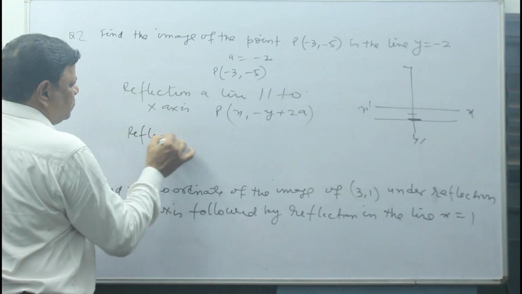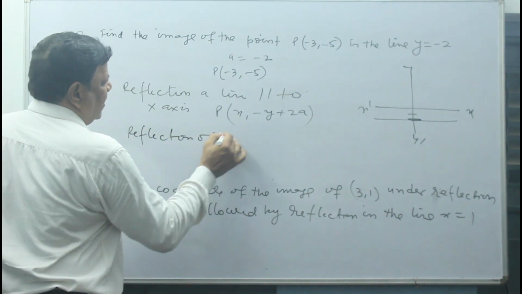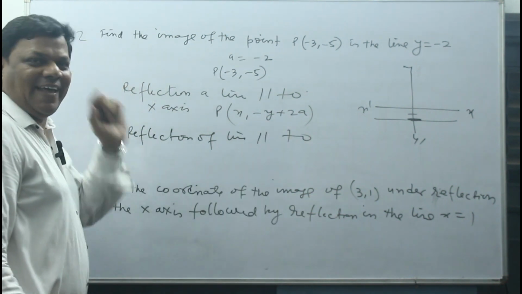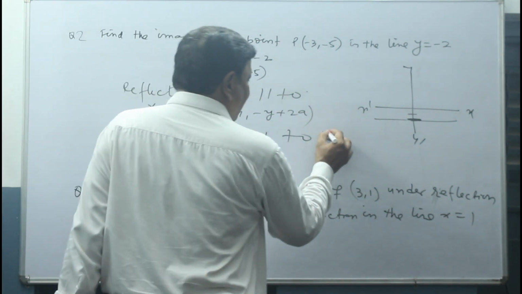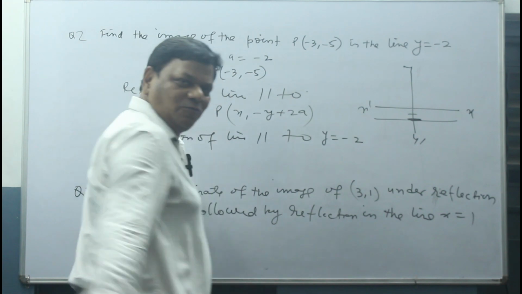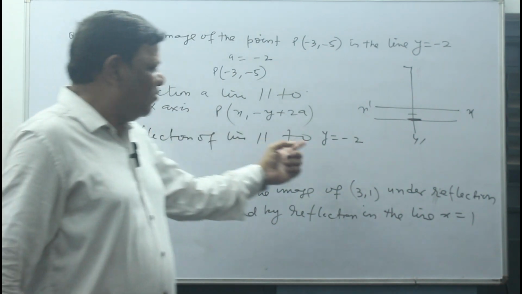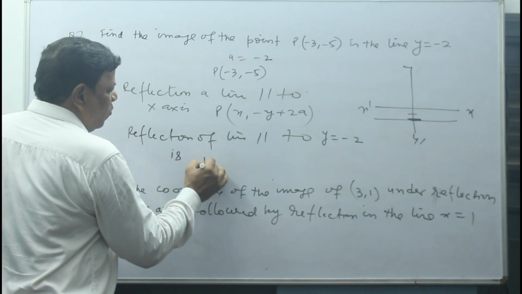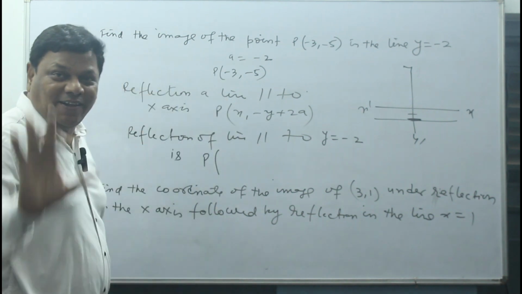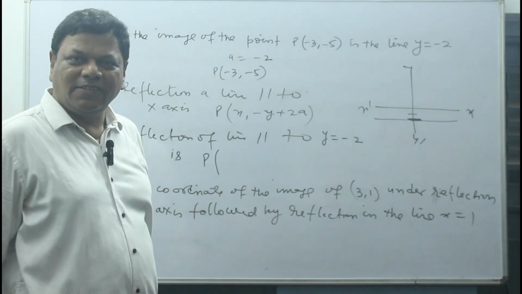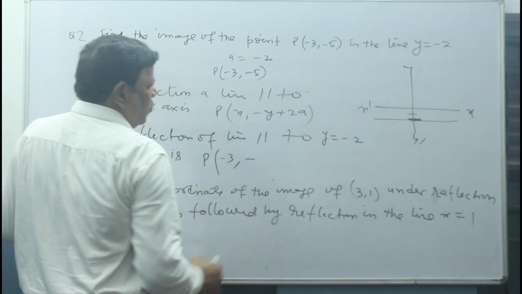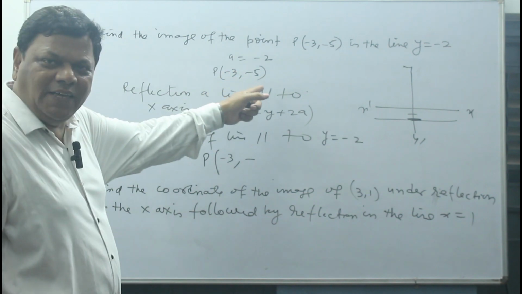Reflection of a line parallel to x-axis. Here write y equal to minus 2. X-axis means what? Y equal to minus 2 is x. To understand x, what is the value of x? Minus 3. So write minus 3. Then what is the value of y?